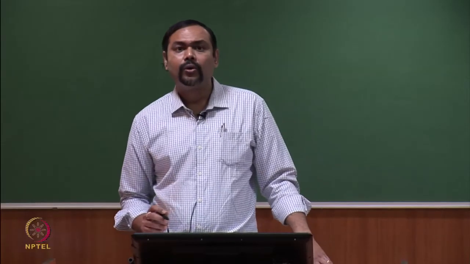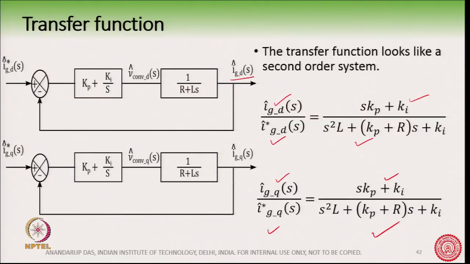So, let me summarize a little bit what we have covered here. First we saw the VSC modeling, and then we said that these are all 3 phase quantities, and we have to transform them into 2 phase. We can control with 2 phase, but there are some issues, like hysteresis control for active and reactive power and the variable switching frequency.